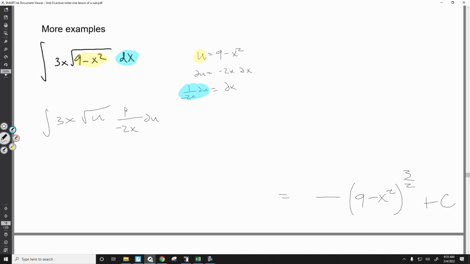We will get this answer without having to think much, just by doing this process. Now the x's will cancel, and I'm going to rewrite this so it's negative 3/2. Square root u, I don't like to take the antiderivative of that. I like to turn that into a 1/2 power, and I get that. So this is just me rewriting.